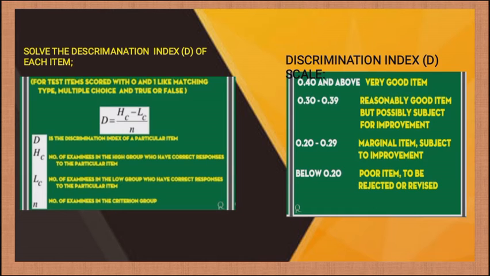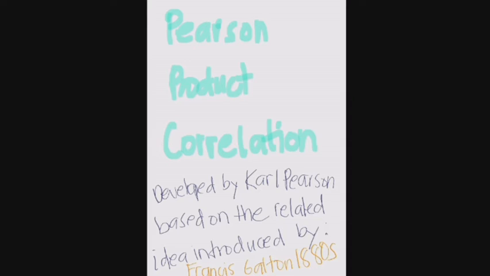Revised meaning you can rephrase the test question for the students to be able to understand it more easily. And here is an added info when you compute discrimination indexes. This is an algorithm called Pearson product correlation, developed by Karl Pearson based on the related idea introduced by Francis Galton in the 1880s. You can use the Pearson product correlation.